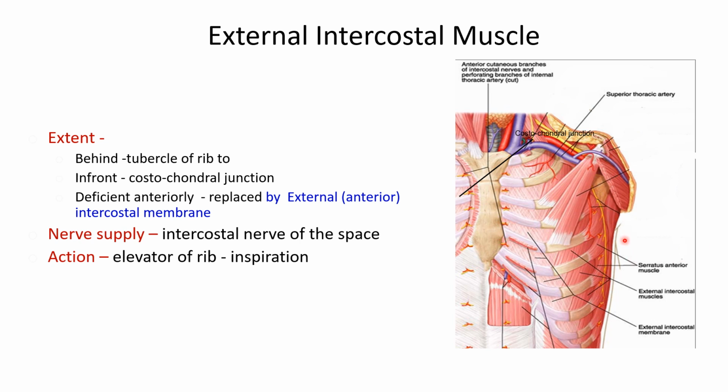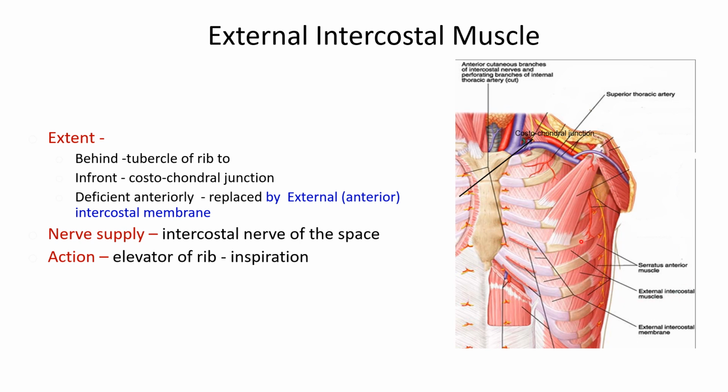What is the extent of the external intercostal muscle? In this picture, you can see the pectoralis minor muscle, and follow the intercostal spaces. You are also seeing parts of the serratus anterior muscle in the lateral wall of the thorax.